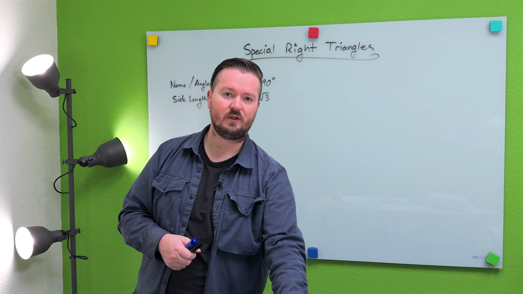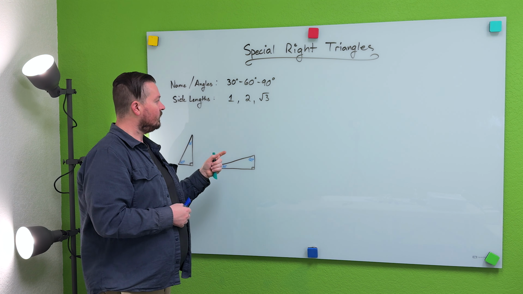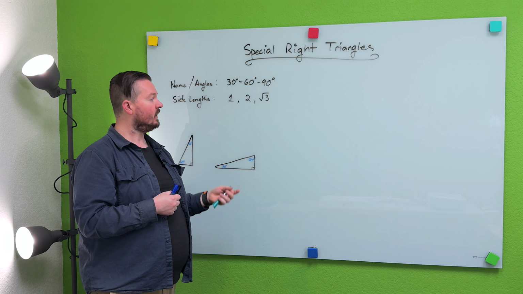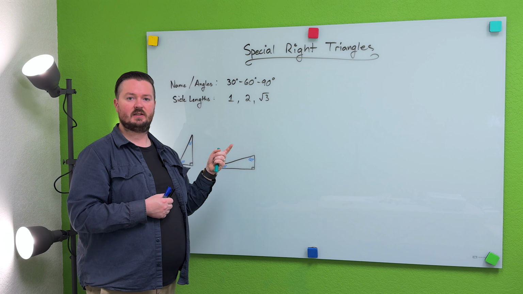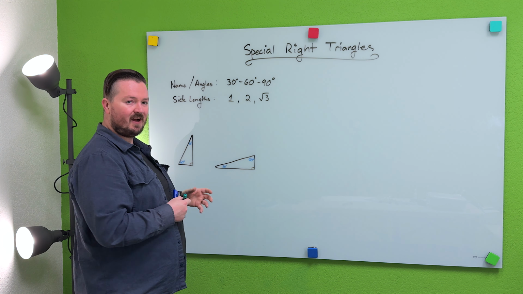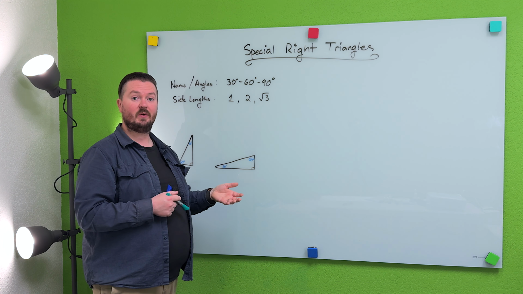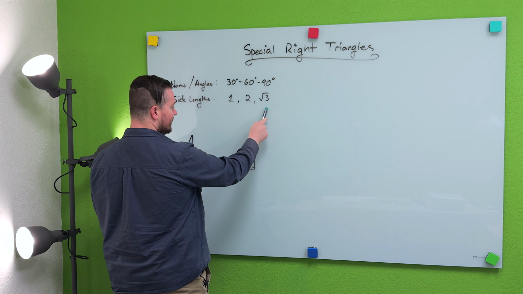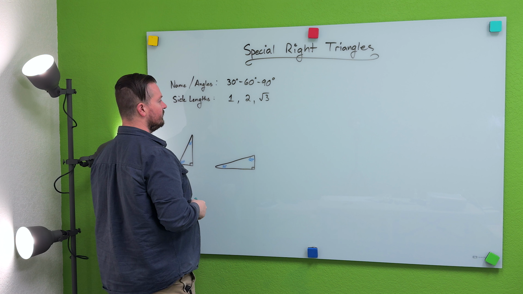But my question to you is, which of these numbers, 1, 2, or square root of 3, which of these is actually the largest number? It's not obvious just looking at it here, but we can make it obvious. This is what math is all about. So what makes this not obvious is that there's a square root.